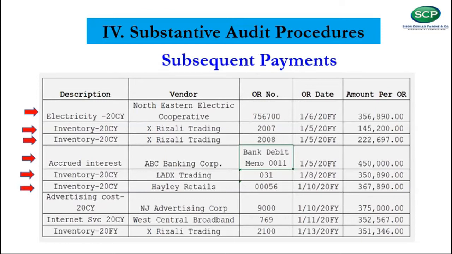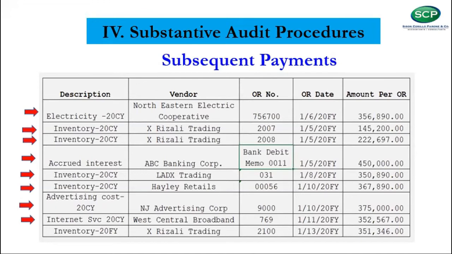367,890. By the way, FY is following year. And then the company paid NJ Advertising for 375,000 pesos for an advertising expense in 20 CY for the same amount.